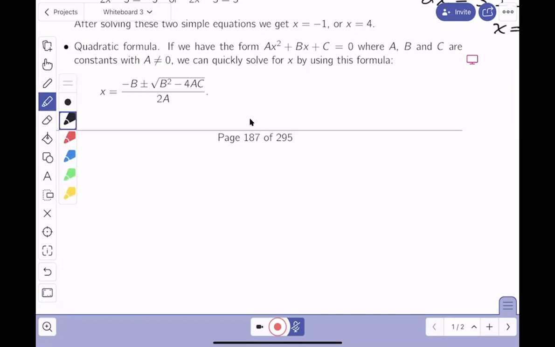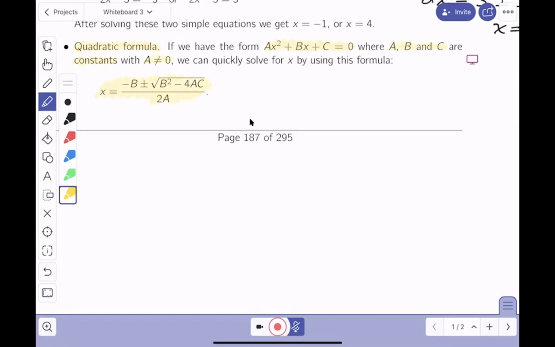And formulas are nice to have because they make problems really easy to deal with. This is called the quadratic formula. It says if we have an equation of this form over here, where a, b, and c are constants and a does not equal 0, we can write the answer down immediately. I mean immediately.